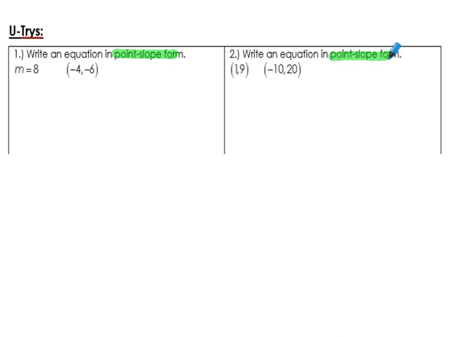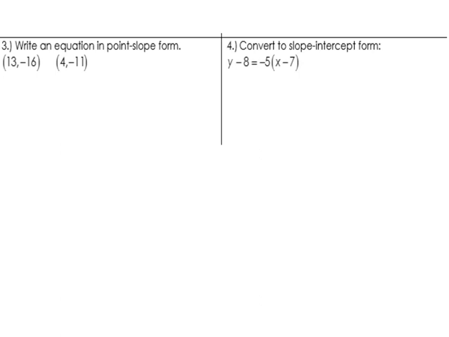So there's 2 possible equations, I only need 1. You're going to do one more extra practice for number 3 in point slope form, given 2 ordered pairs. And then number 4, if you could please identify the original ordered pair, and then the slope, and then rewrite in the format of slope-intercept. So that will be your guided notes.